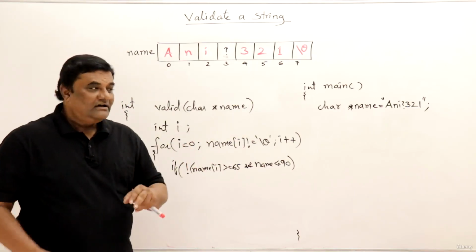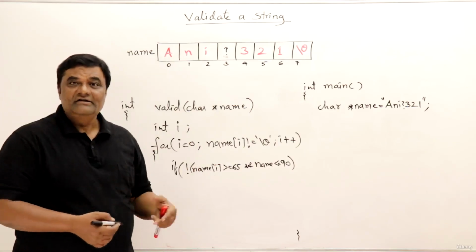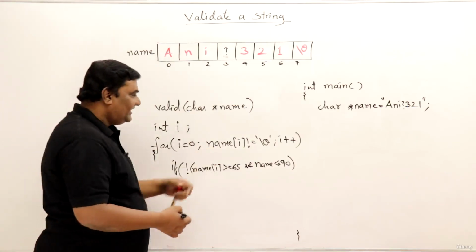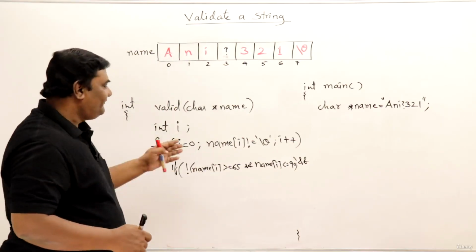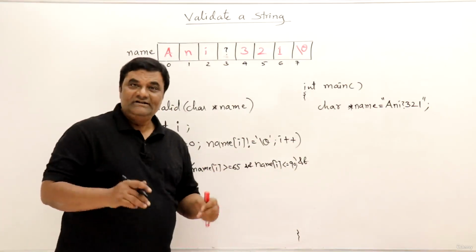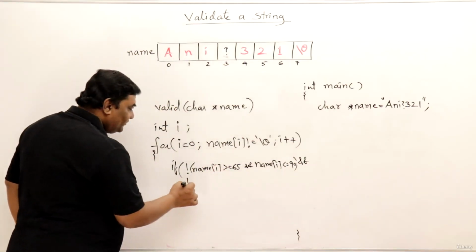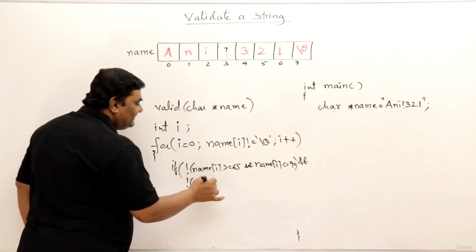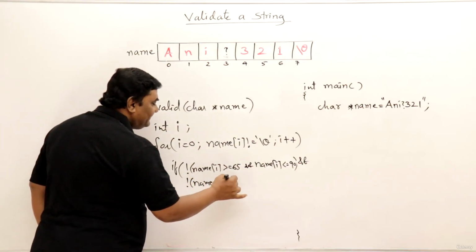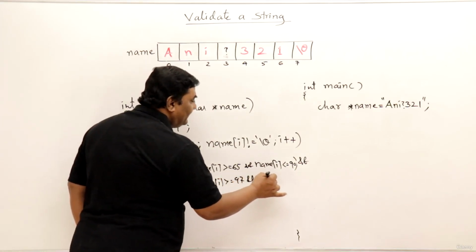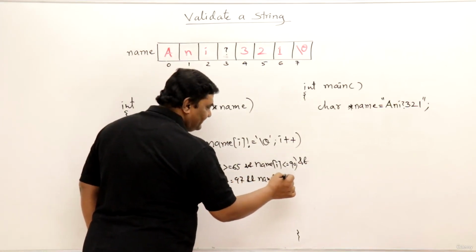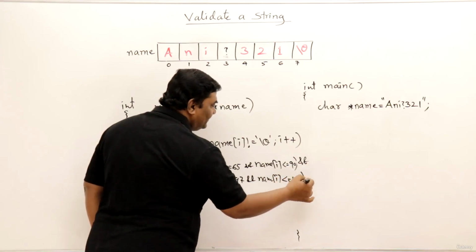Right? But other ranges are also there. Lowercase letters are also there. So I should check for the next set of characters, that is small letters. Then again, not of small letter, that is name of i is greater than or equal to 97 and name of i is less than or equal to 122.